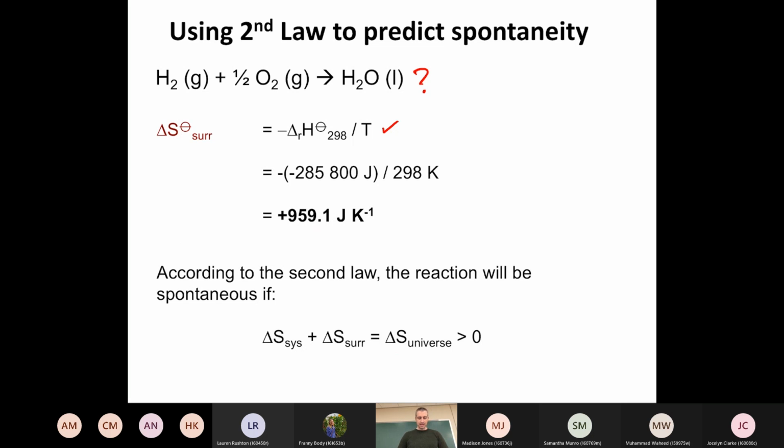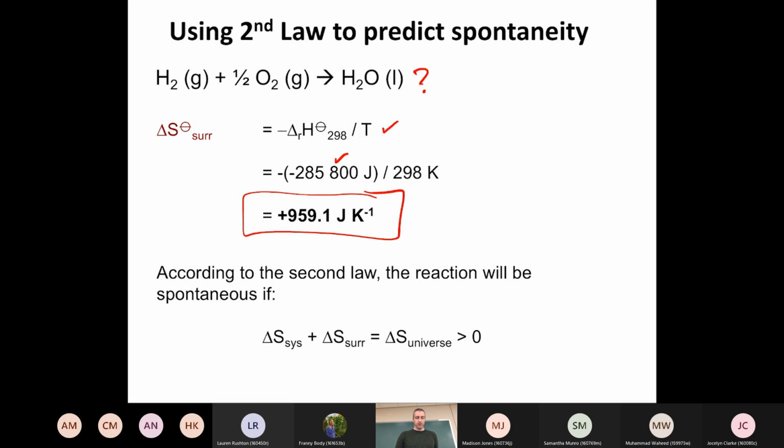So we have a couple of methods to get delta H. This is the value of delta H. You take that number, divide by T, and you get this positive value for the delta S of the surroundings. That number is quite large, positive 959.1 joules per K.